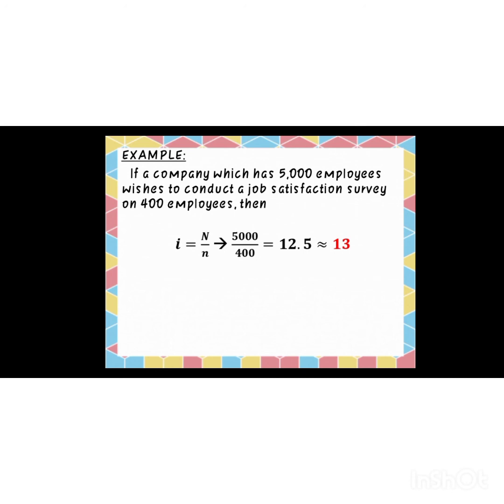And then for the sample size, we have 400. So therefore, we have 12.5 or 13. Okay, so therefore, we conclude the systematic randomization can be done by selecting every 13th person in the employee list.